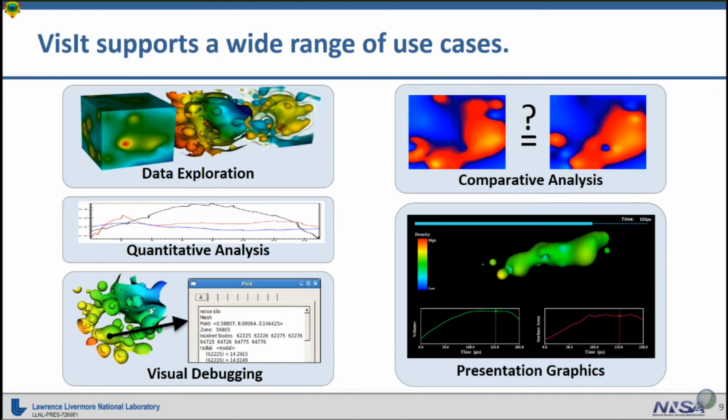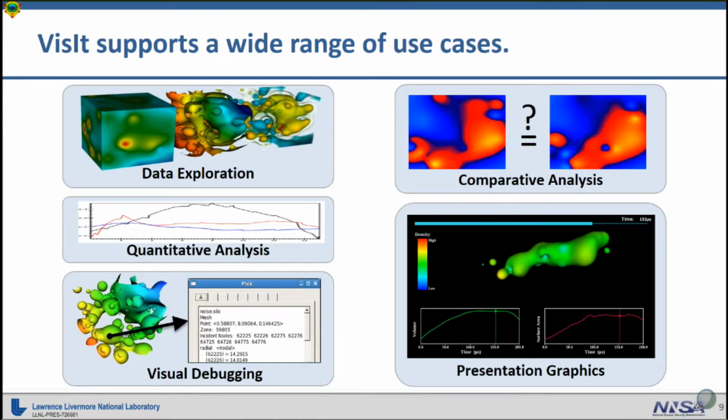Visit supports a wide range of use cases, 5 in particular. The first is data exploration. This is when you've run your simulation and you just want to get an idea of what the simulation contains. So we have tools for slicing and dicing the data.